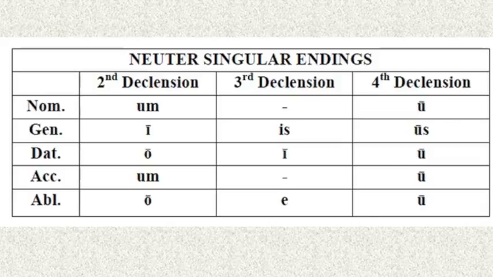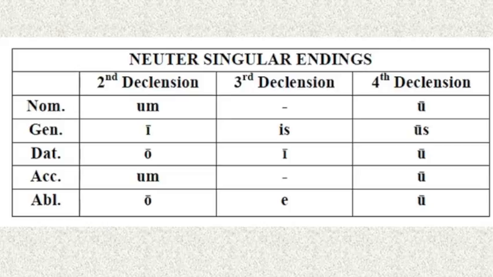Now let's take a look at some of the patterns for the second, third, and fourth declension neuter nouns. What I have up here are all the neuter singular endings for those three declensions. See if you can take just a second and find some patterns. Okay, hopefully it should have jumped out at you that the nominative and accusatives are identical for each declension.